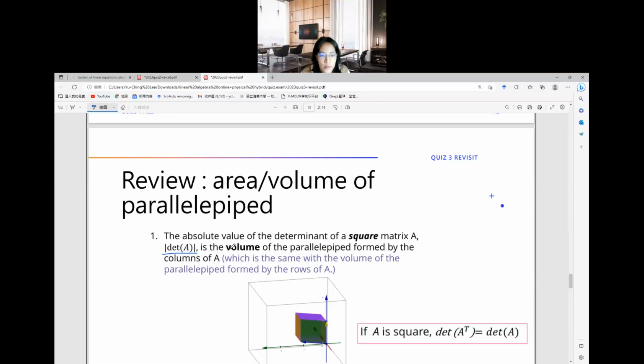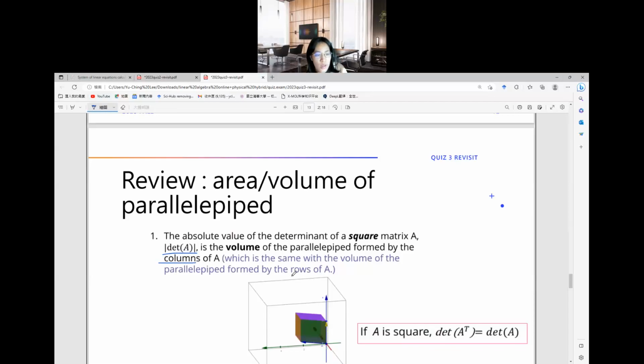就是三维的平行六面体我们是用determinant 的绝对值来计算它的体积。那如果是二维的平行四边形，那我们就是用determinant 的绝对值来算它的面积。那为什么 the volume of the parallelepiped formed by columns of A will be equal to the volume of the parallelepiped formed by the rows of A?